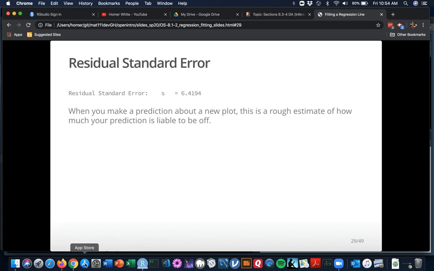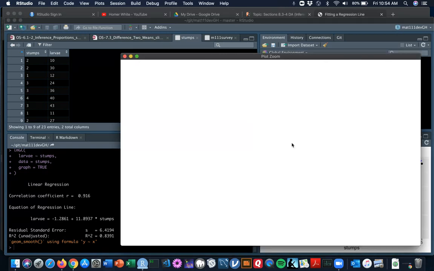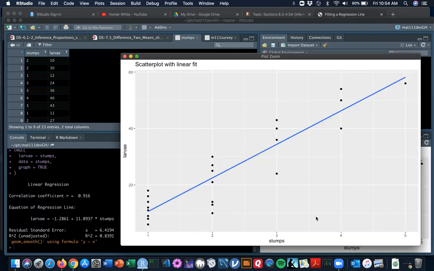like you could go, just head back to RStudio and zoom in. Say that you had some plot with 3 stumps. And you could go to 3 here, and you could go up to the regression line and go over. And that level, which is like about 33 or so, would be your prediction. You predict about 33 larvae clusters in that stump. But in the actual study, you didn't always get 33.